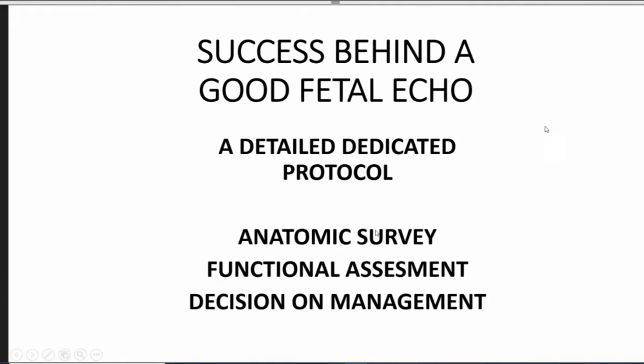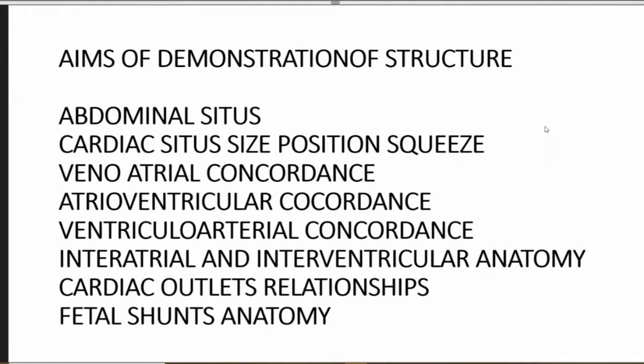Anatomical survey is by 2D and color. Functional assessment is by Doppler and M mode. And decision on management is what you have to learn and what you need to counsel the patient about so that they understand how to proceed after the diagnosis of a fetal echo.